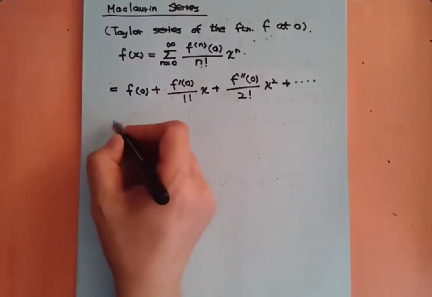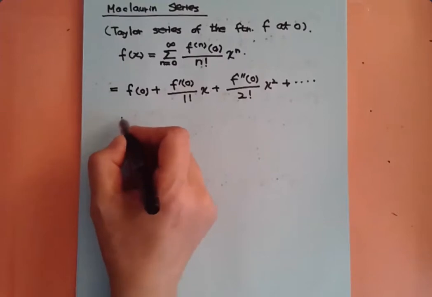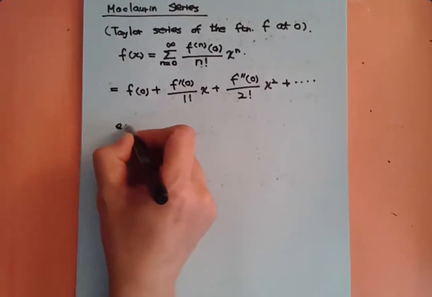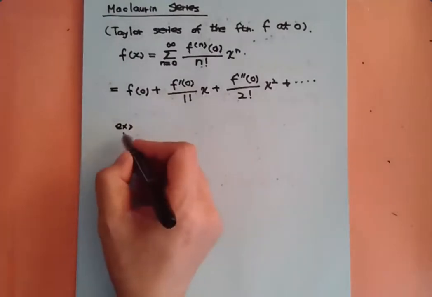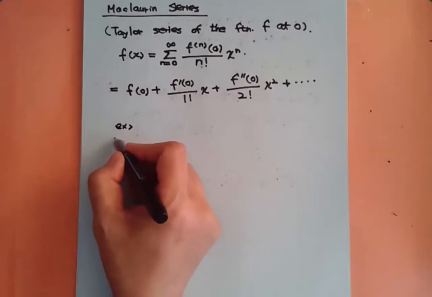So what we want to do now is formulate the Maclaurin series or Taylor series when the nth derivative is known.